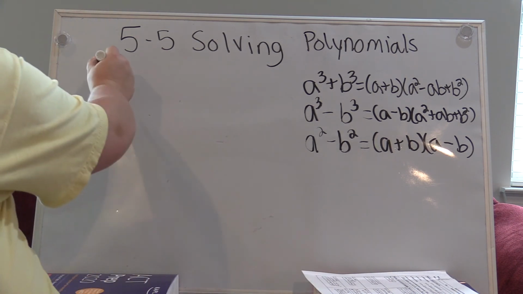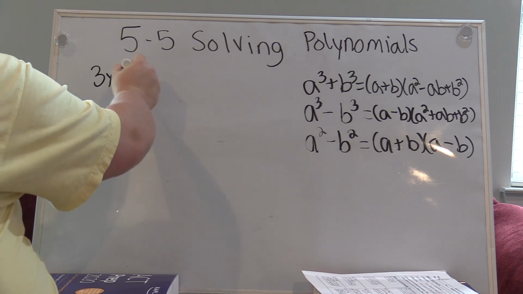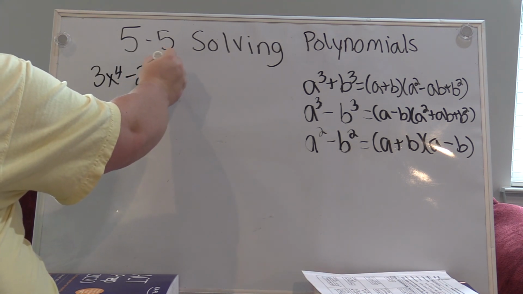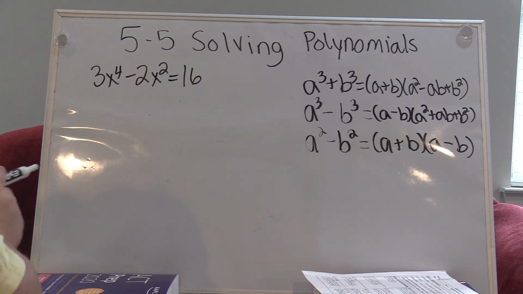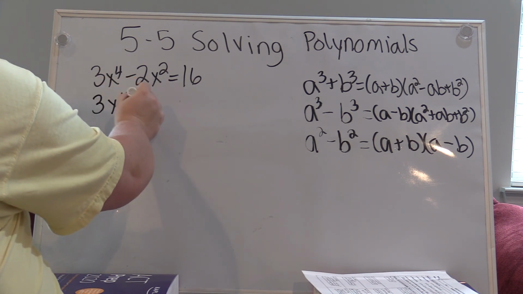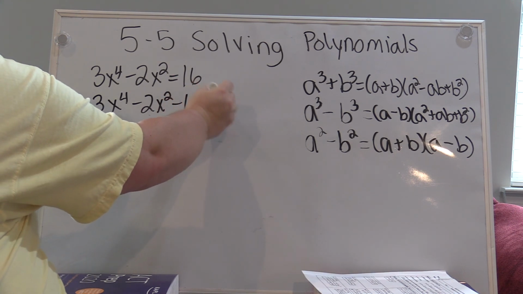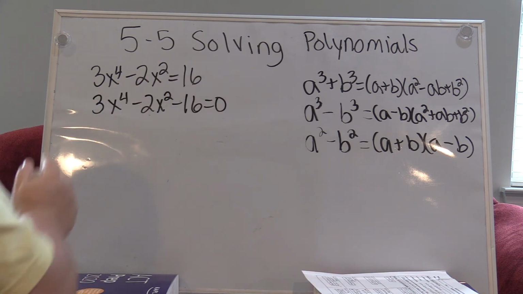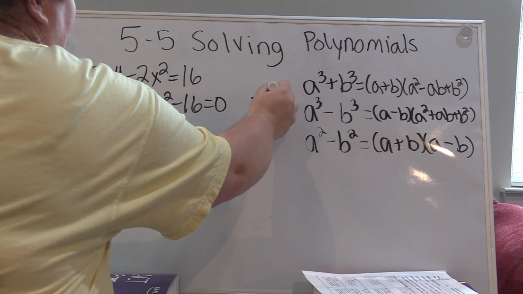So I have 3x to the 4th minus 2x squared equals 16. So we have to first put this in standard form. 3x to the 4th minus 2x squared minus 16 equals 0. So 3 times negative 16 is negative 48.